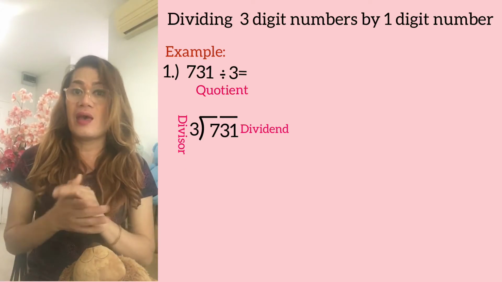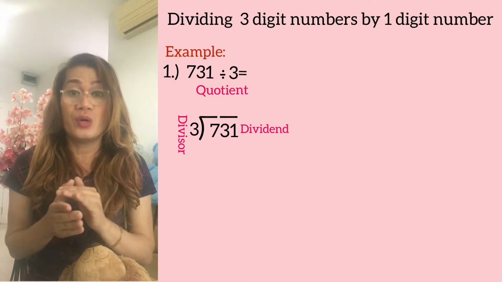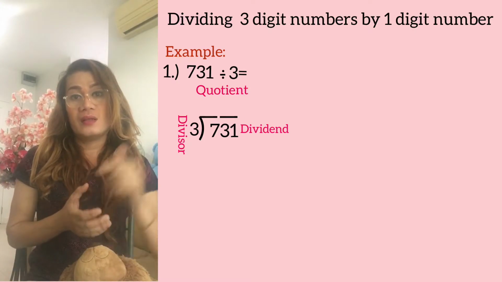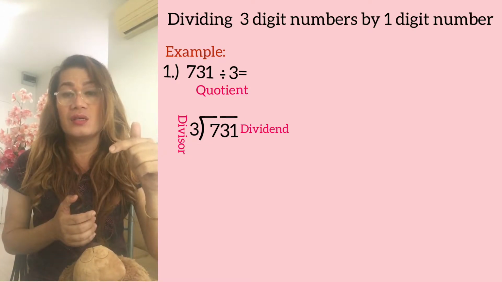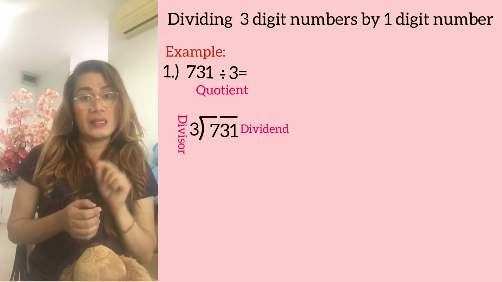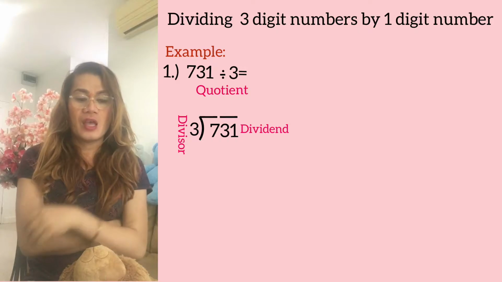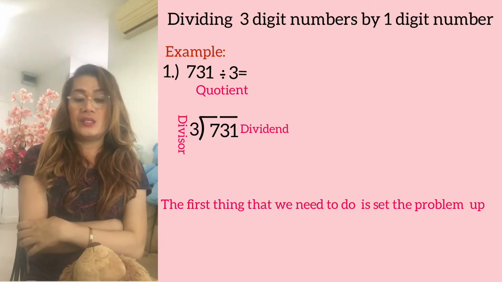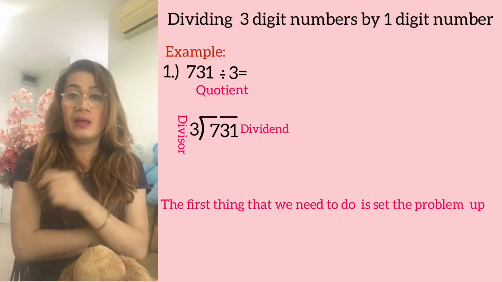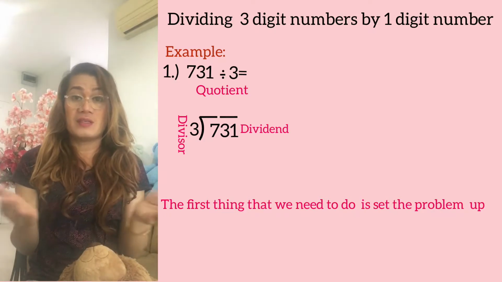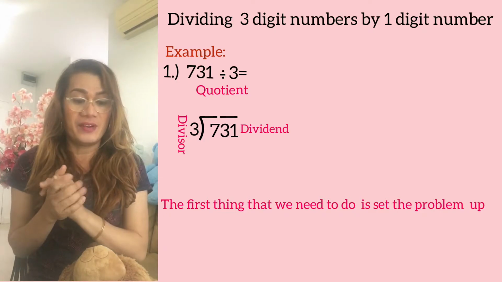For now, we don't have the quotient yet. Later, I'm going to show how to do the division process. The first thing we need to do is set the problem up. We have 731, that is our dividend.